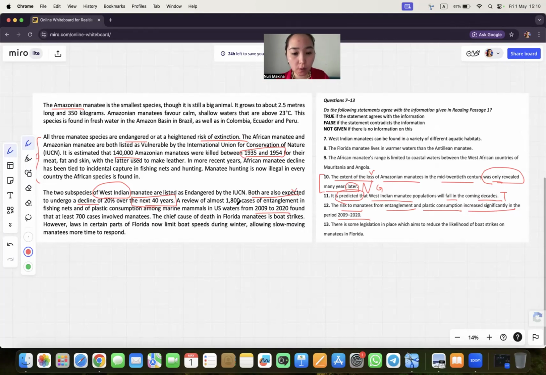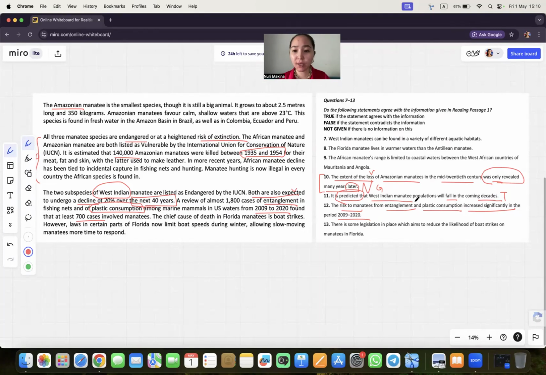A review of almost 1,800 cases of entanglement, the keyword, in fishing nets and plastic consumption. Oh, I'm so sorry. Among marine mammals in US waters found that at least 700 cases involved manatees. So this chief cause of death in Florida manatees is boat strikes.